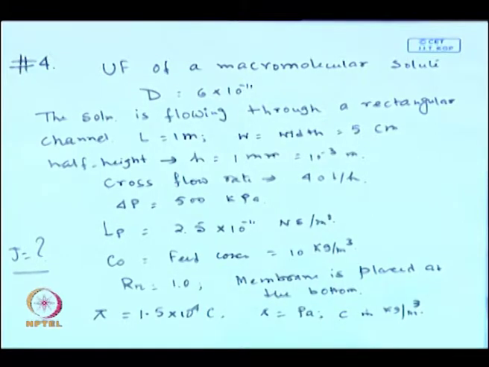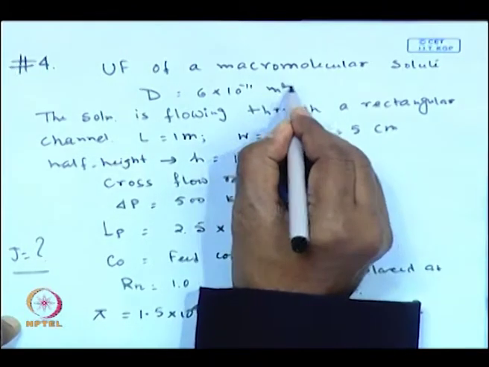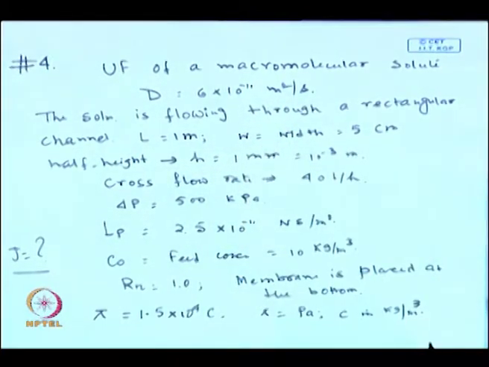So, that method will be more accurate than the film theory method. In this problem we are trying to filter a protein solution having a diffusivity of 6 into 10 to the minus 11, flowing through a rectangular channel with a cross flow rate of 40 liter per hour.